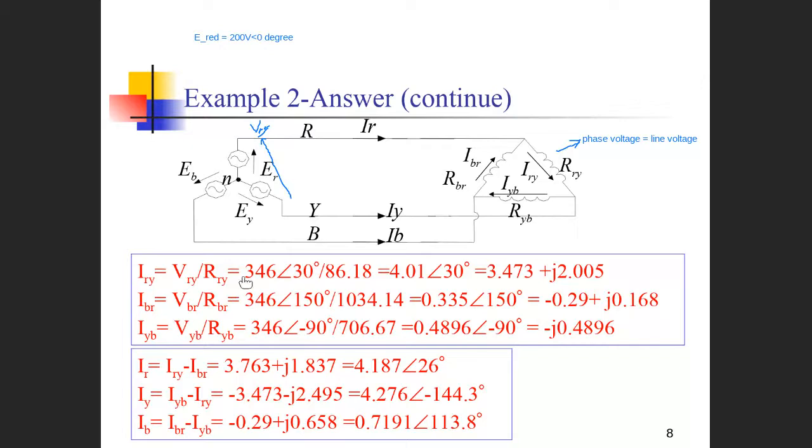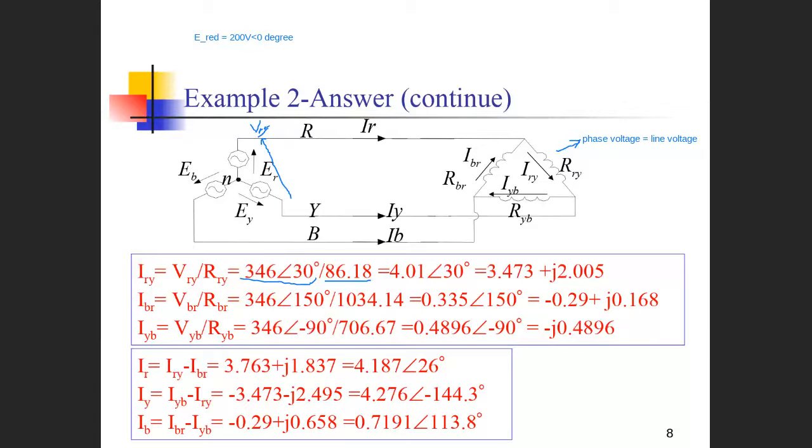Then the line voltage between red and yellow is at 30 degrees. So this is the voltage, this is the resistance, and we get the red-yellow phase current.